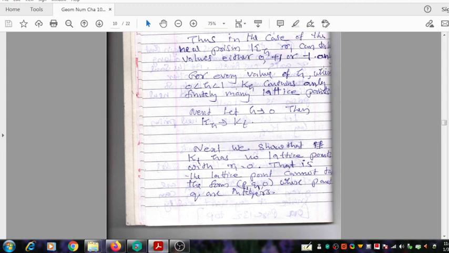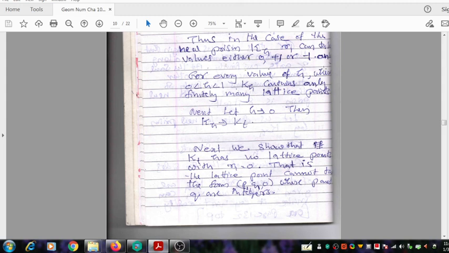For that, we shall show that K_t has no lattice point with R1 equal to 0. The lattice point would be of the form P1, Q1, and when R1 equals 0 you can substitute 0 there. So we are going to show that there is no lattice point (P1, Q1, 0) which belongs to the prism.